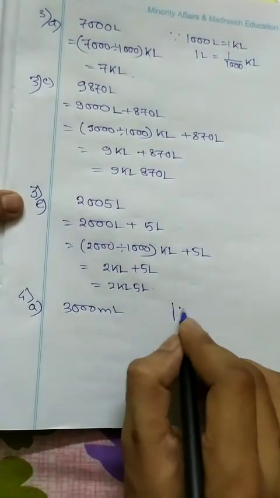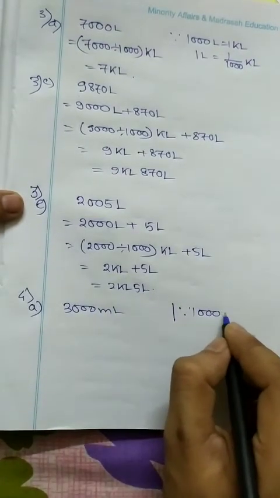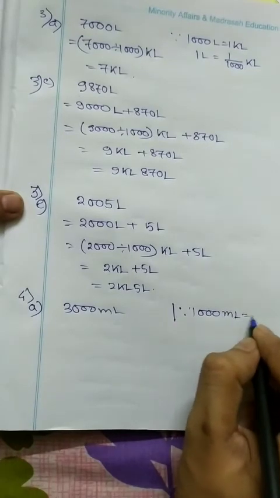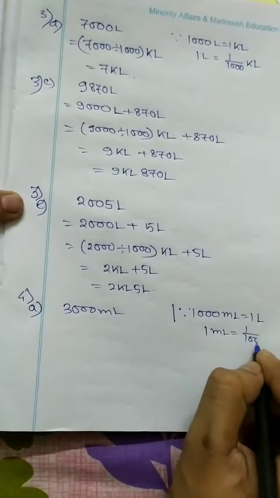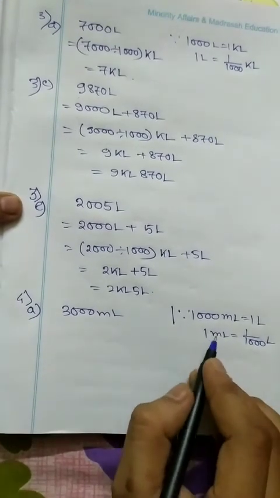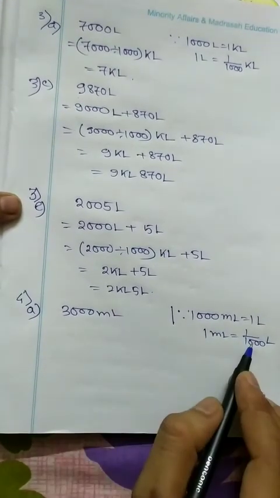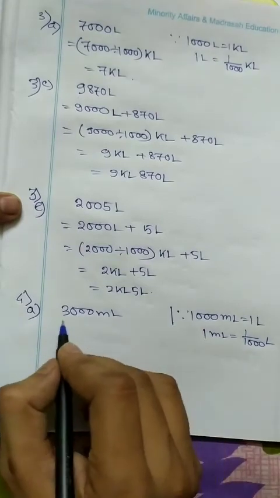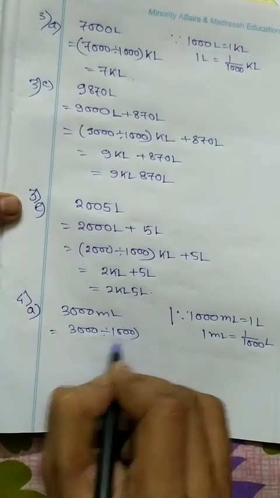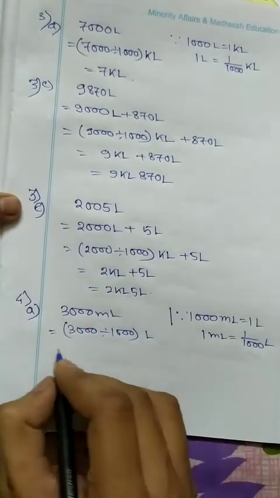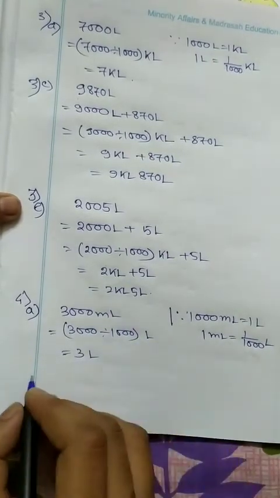Now we have 1000 milliliter equal to 1 liter. Therefore 1 milliliter equal to 1 upon 1000 liter. That is, when we divide by 1000, we have liter. Milliliter converted into liter, 3 liter.